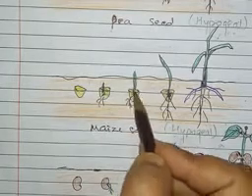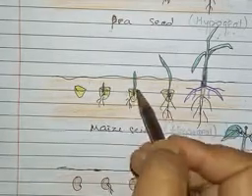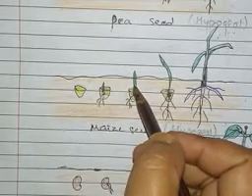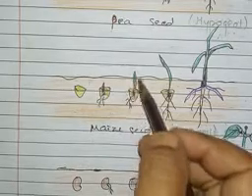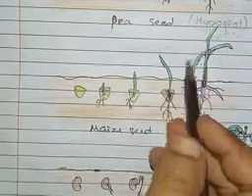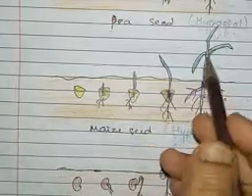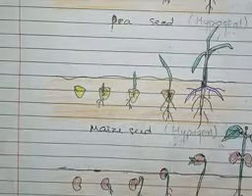And whatever food is stored in the grain, in the cotyledon or in the endosperm, all the food will be used up by the seedling during the process of growth. Once the leaves are produced, the leaves will start the process of photosynthesis, and the seedling will become independent, understanding?